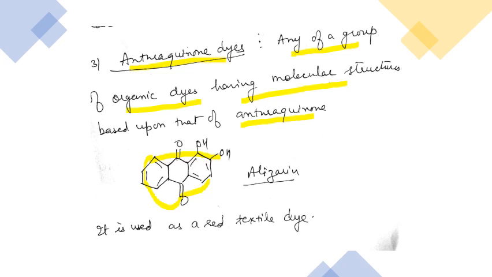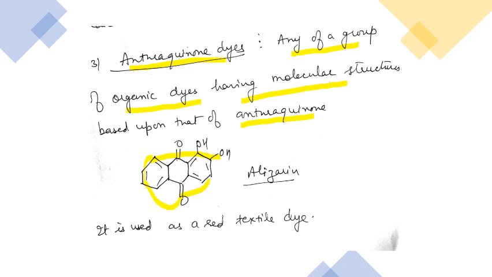If a dye has these three rings with the middle quinoid form, it comes in this category, and this is responsible for the color in these dyes.